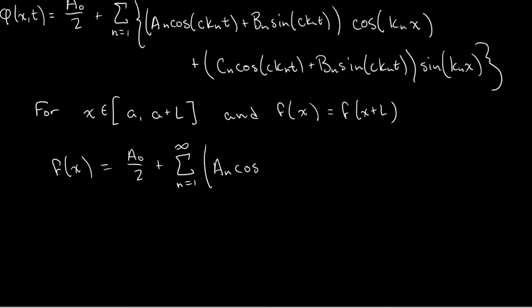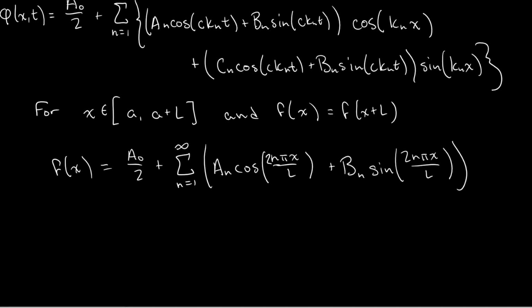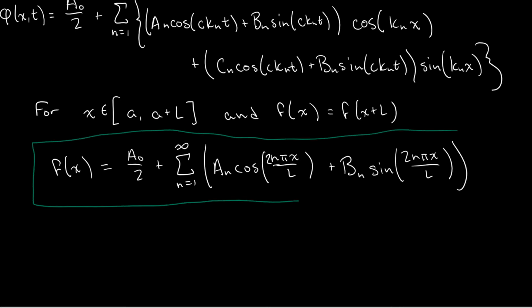A sub n cosine 2n pi x over L, whoops, 2 this time, plus B sub n sine of 2n pi x over L. So this is another Fourier series. It's a Fourier series for a different type of function, and this is an important thing to keep in mind when you're dealing with these.